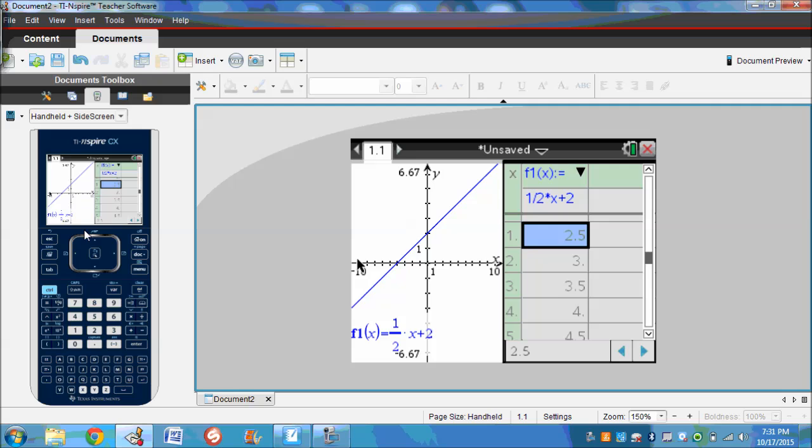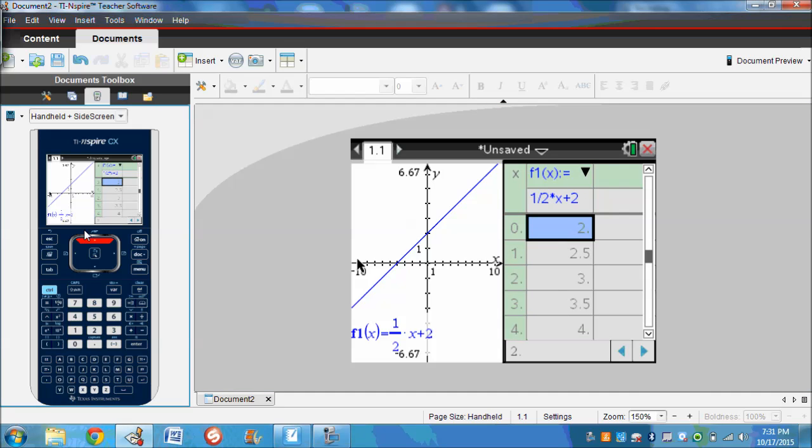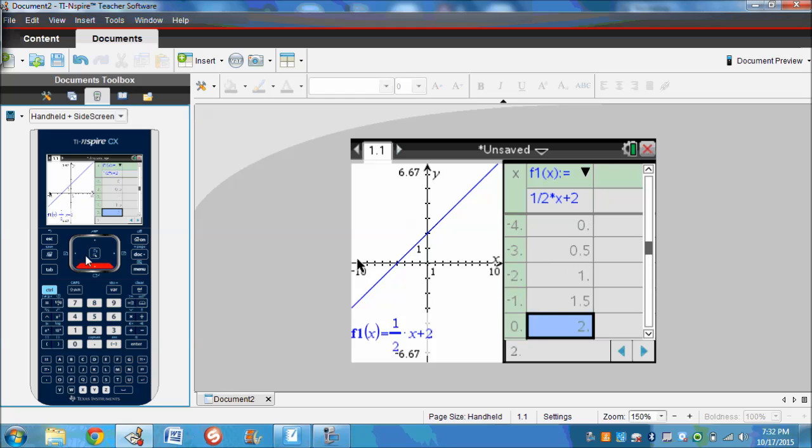So hit your up arrow, and we see that 2 is associated with 0. If we continue to scroll through, at -6, the y value is -1, and then we just got to go the other way through the table. So continue to hit the arrow button the other way, and we see that the input is 8, and the output is 6.